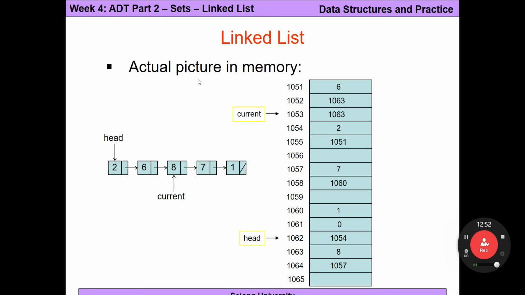Let's take another pictorial view of the linked list. What do we mean by all the discussion that we have made up till now? This is our linked list. Here is the head that is pointing towards the first node. Let's see how it is working.